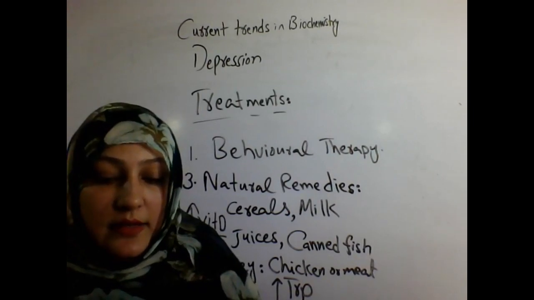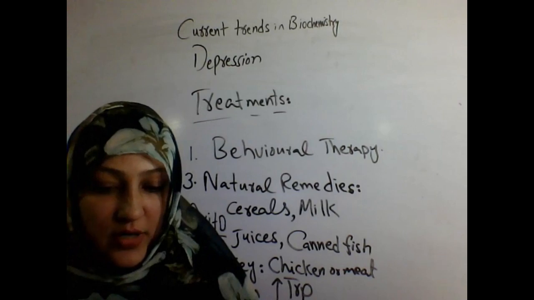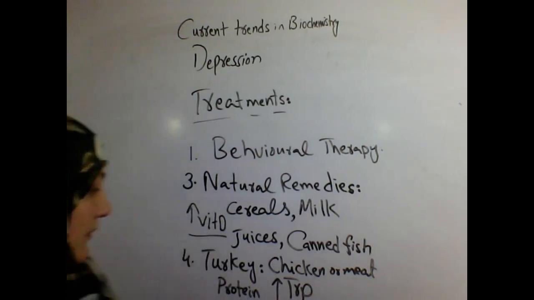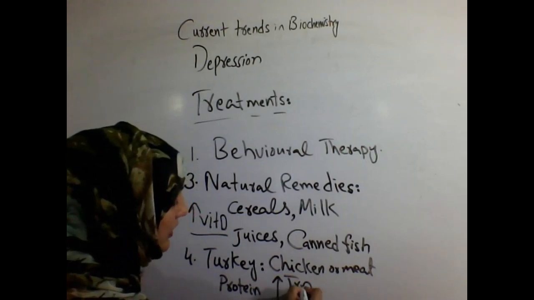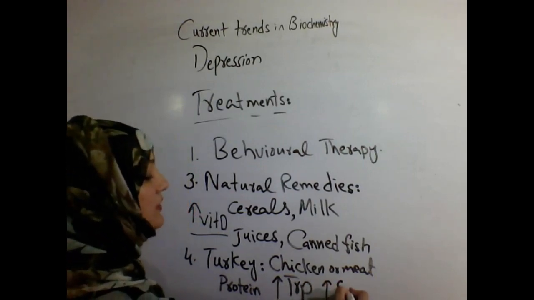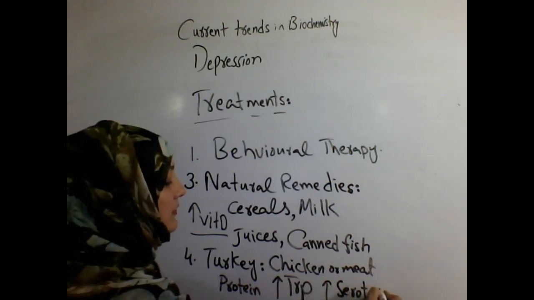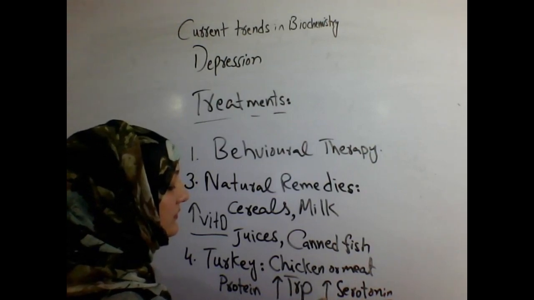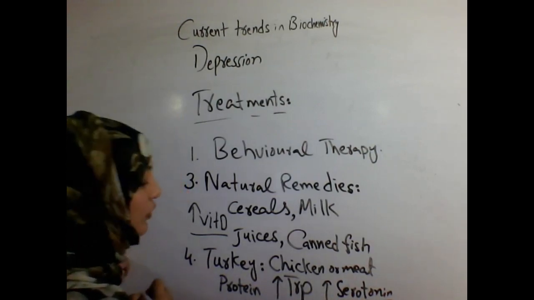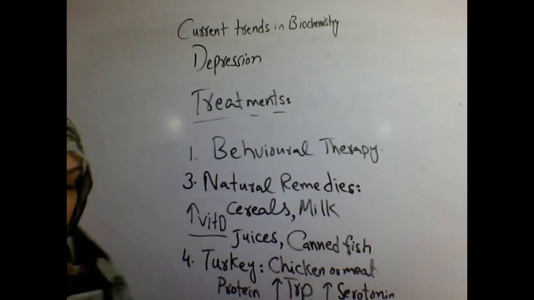A high level of tryptophan in these products can lead to high production of serotonin, which leads to a change in mood behaviors, and these depression episodes come to an end.